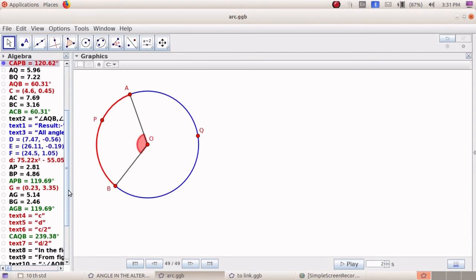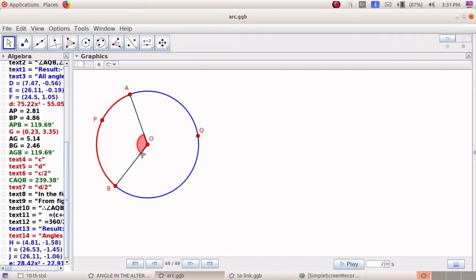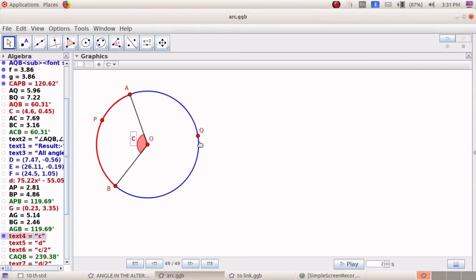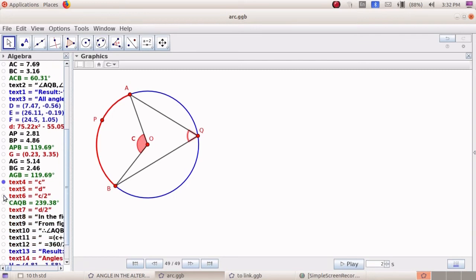If we suppose that angle is measured by C, when the end points of the arc APB join to a point on its alternate arc, we will get an angle there. We have found that angle will be half the central angle of the arc, so this angle will be C by 2.